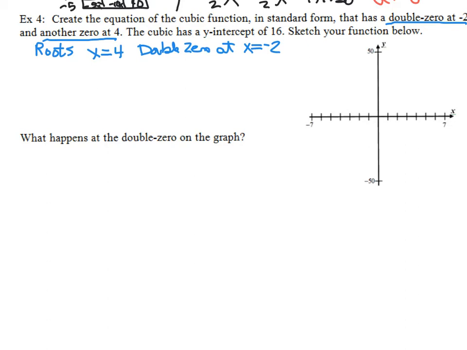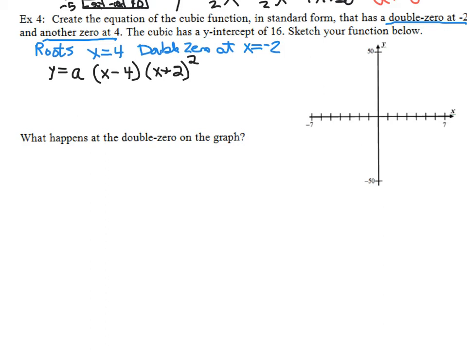My factored form of this is going to be y is equal to, let's account for that possible multiplier a that could be a vertical stretch or a compression. My first root is occurring at x equals 4, so that's going to give me a factor of x minus 4. Now because I have a double zero at x equals -2, the factor x plus 2 is actually going to occur twice in my polynomial.